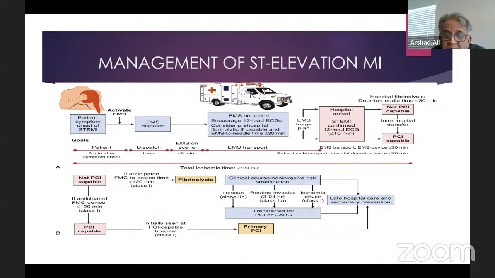So to give you an example, if I'm on call for the ER to take care of these patients, basically we use PCI as a primary mode, with angiography and angioplasty stenting. So there's a team on call for the cath lab 24 hours a day, 7 days a week, if the hospital is providing the service.